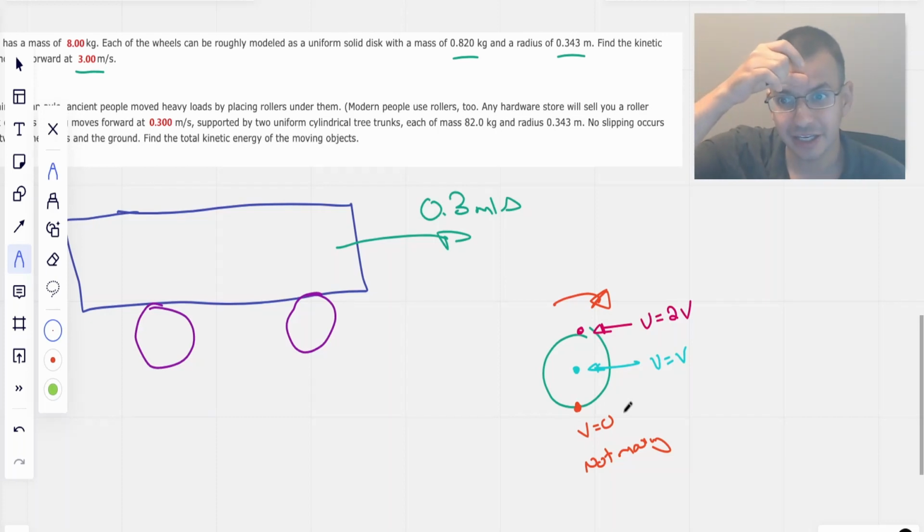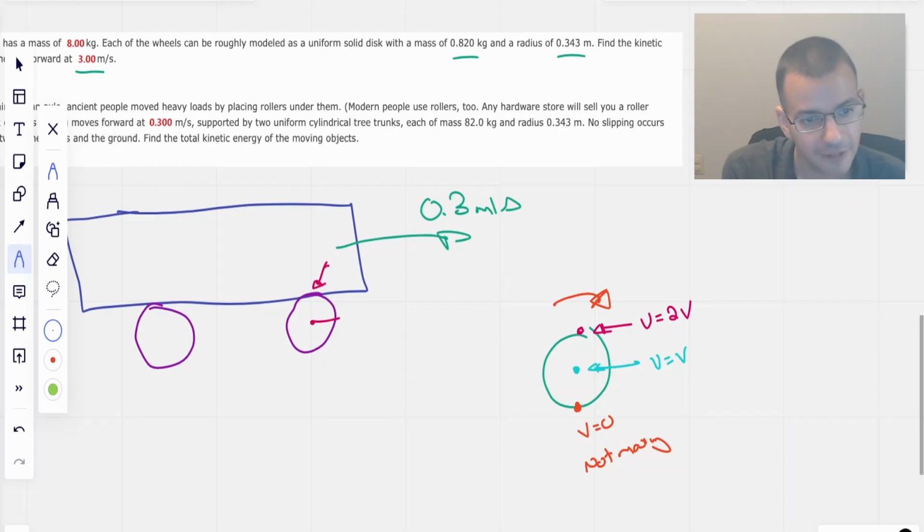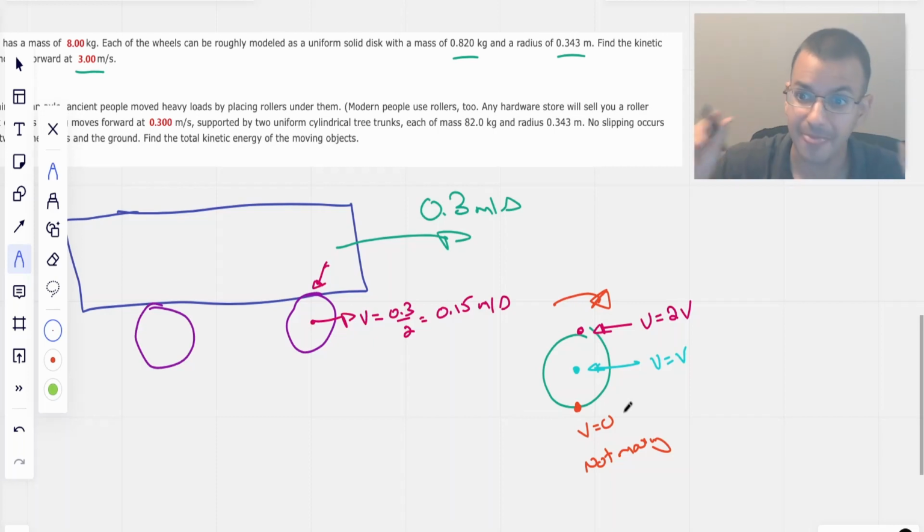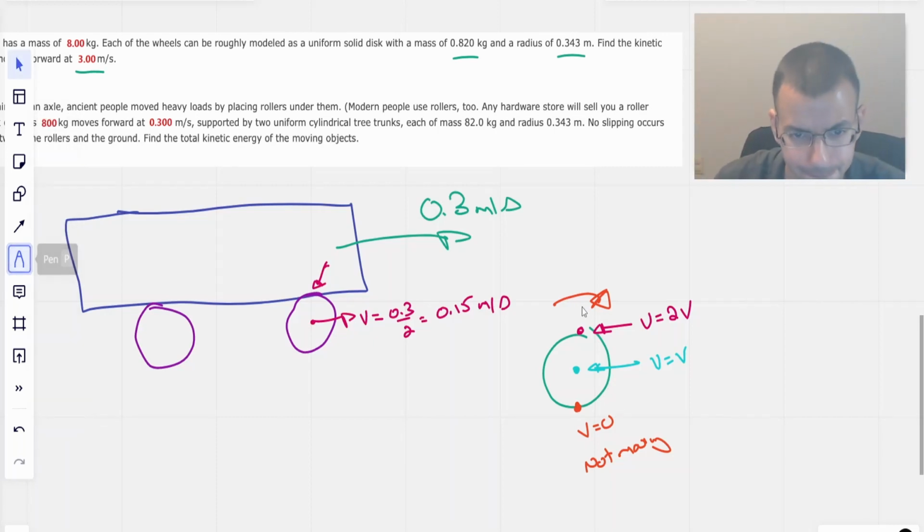And so the idea here is this block right here is moving at 0.3 meters per second, which means the point at the top is moving at 0.3 meters per second. Right here, velocity is going to be 0.3 over 2, which is 0.15 meters per second. And that's going to be the big key difference between problem A and problem B.